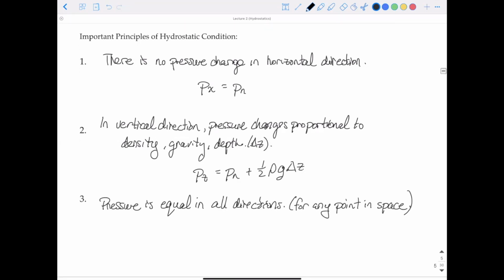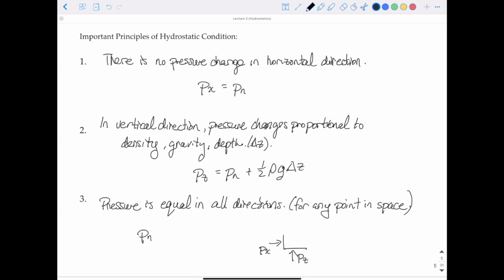So that means if we had our wedge here, Pn, Pz, and Px... sorry, it's not our wedge.